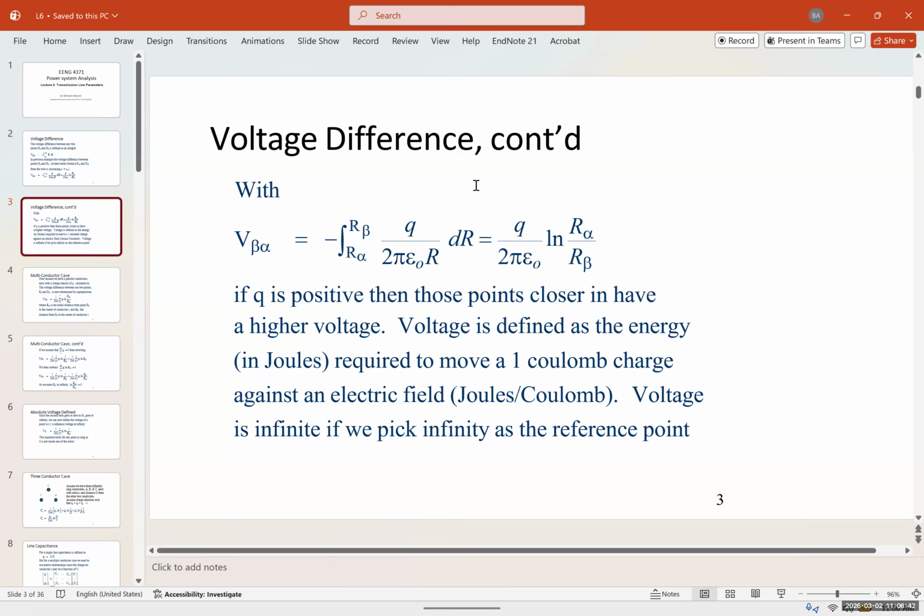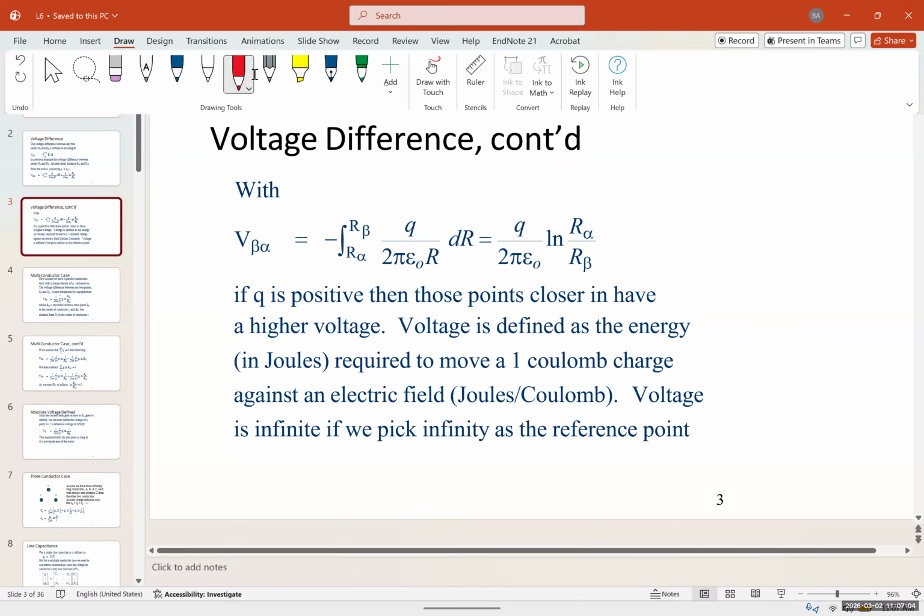I'll explain that. With V beta alpha equal to the negative integral of R from R alpha to R beta of Q over 2 pi sigma 0 R dr, it simplifies to Q over 2 pi sigma 0 ln of R alpha over R beta again.